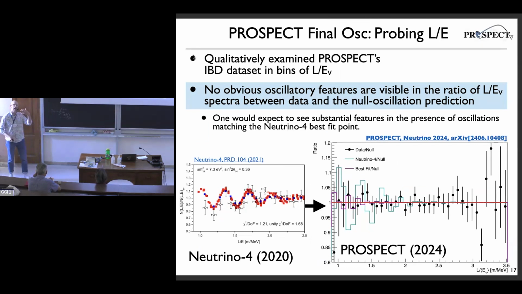Plotting it in energy spectra for each baseline and L over E ranges, you see this kind of wiggliness in the L over E space that Neutrino-4 says is sensitive.